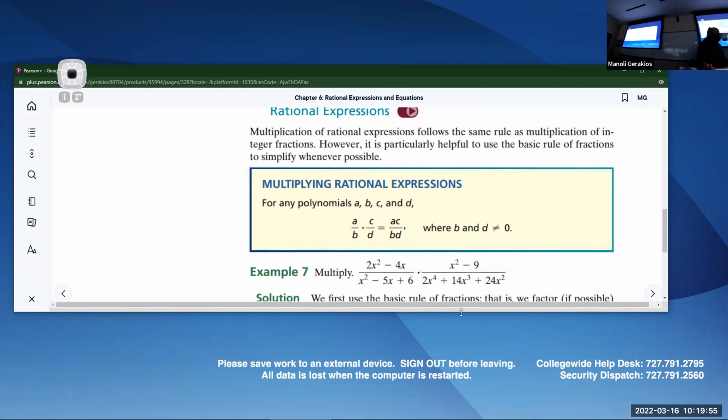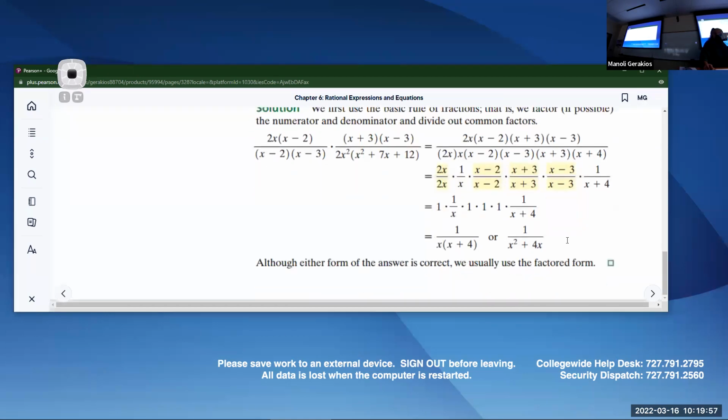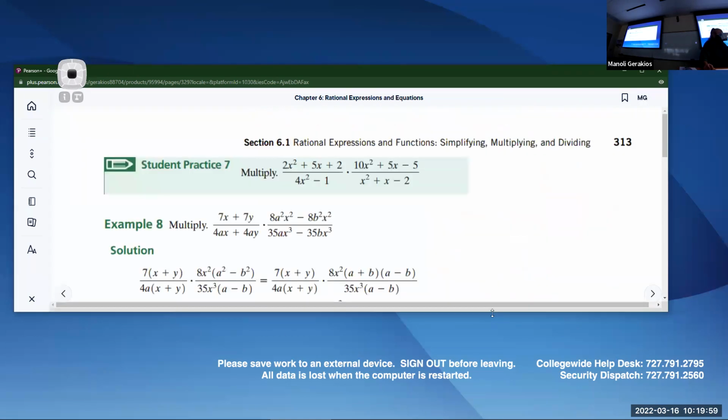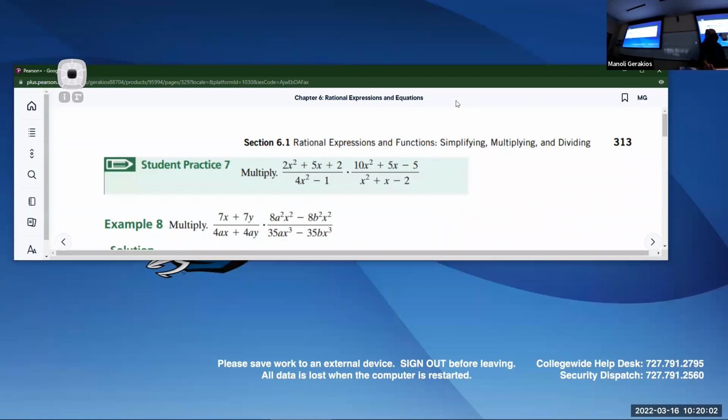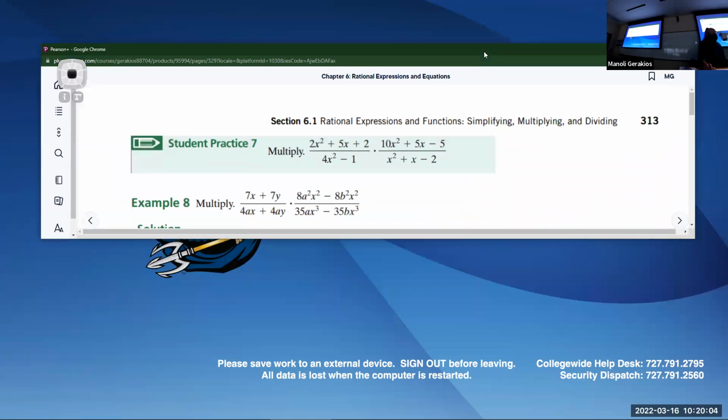Okay, so let's go to example 8, and we'll demonstrate multiplication. We're starting to do the arithmetic of rational expressions. Arithmetic is add, subtract, multiply, divide. Simplify first, because you have to know how to simplify a fraction. We did that already on Monday.